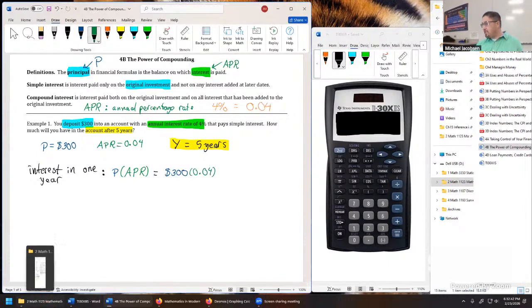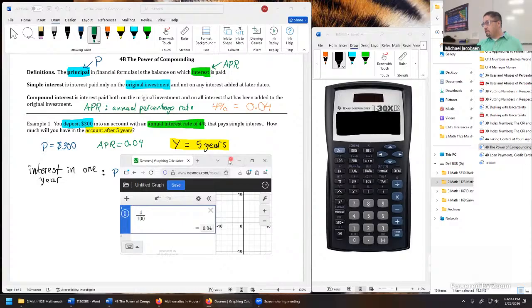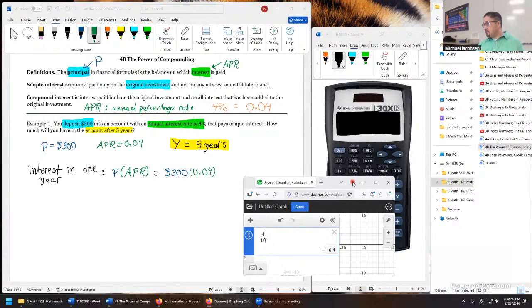I'll continue to use the Desmos calculators until we're getting into those bigger formulas. We'll get 300 times 0.04, $12 in 1 year. So nothing major, but we managed to save aside $300, and now we have, in 1 year, $12 earned. So the total balance would be $312.